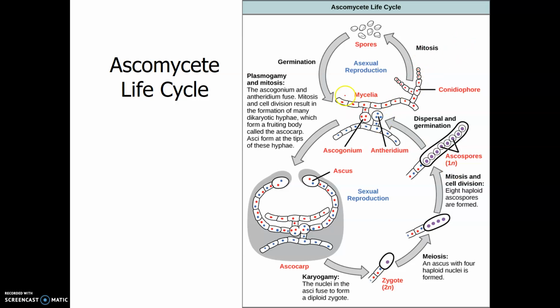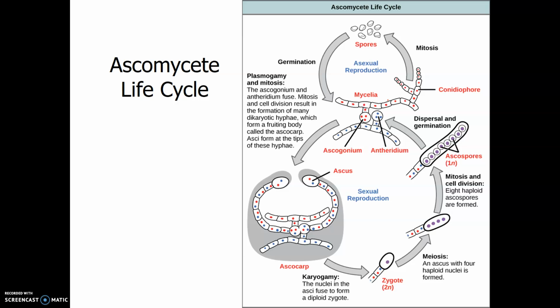We have the Ascogonium, which is from the positive mating type, the ones with the red nuclei, and the Antheridium is from the negative mating type. Antheridium is a word that typically refers to the male part, and Ascogonium is the female part. So instead of positive and negative, we're having more of a male and female parent.